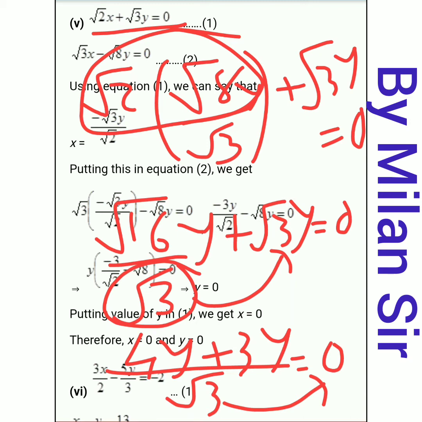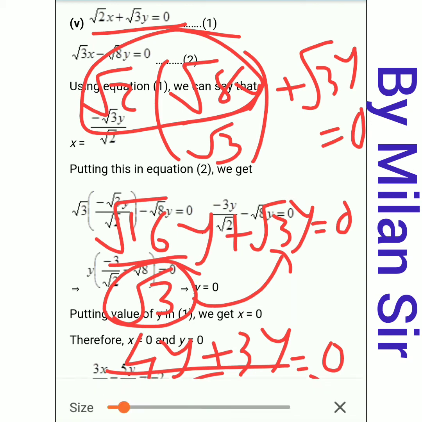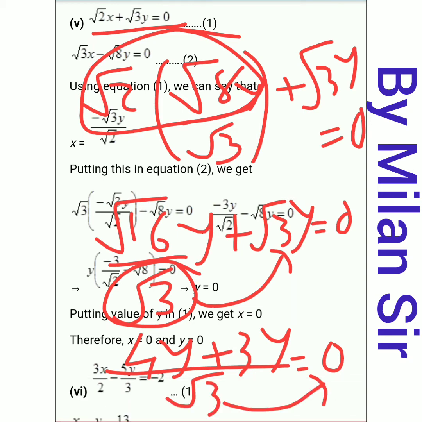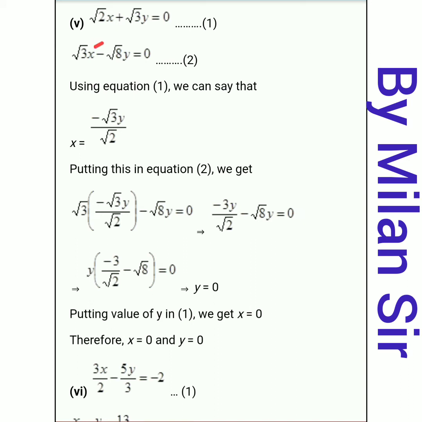So 0 multiplied by √3 is 0. And on the left hand side, 4y plus 3y is 7y. So 7y = 0 because our denominator transfers to the right hand side, multiplied with 0.